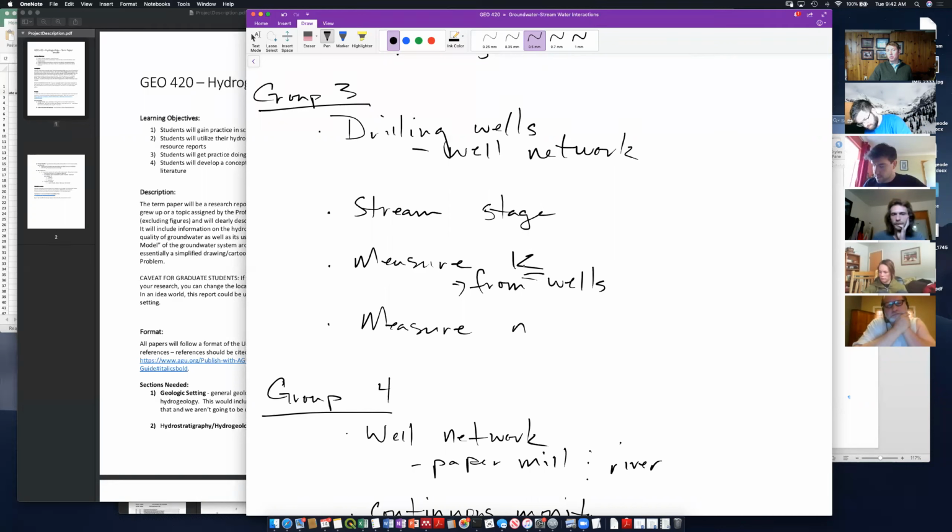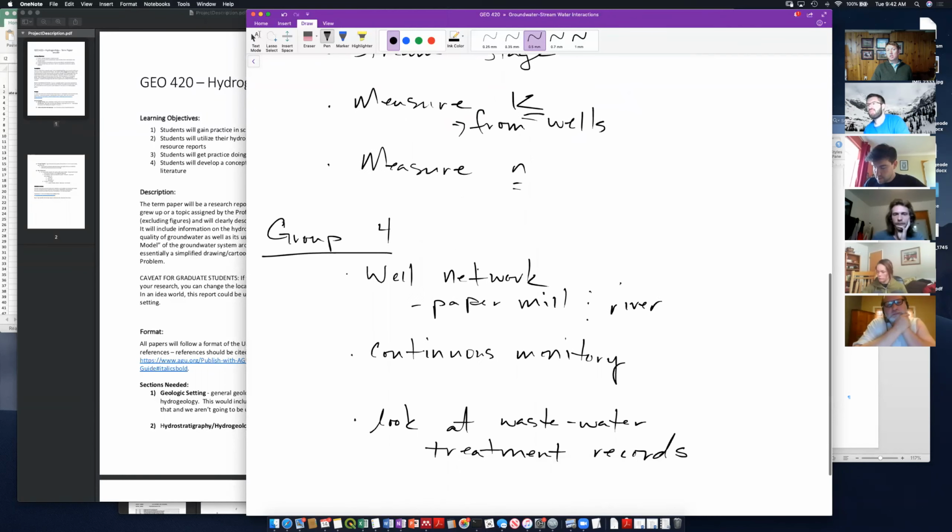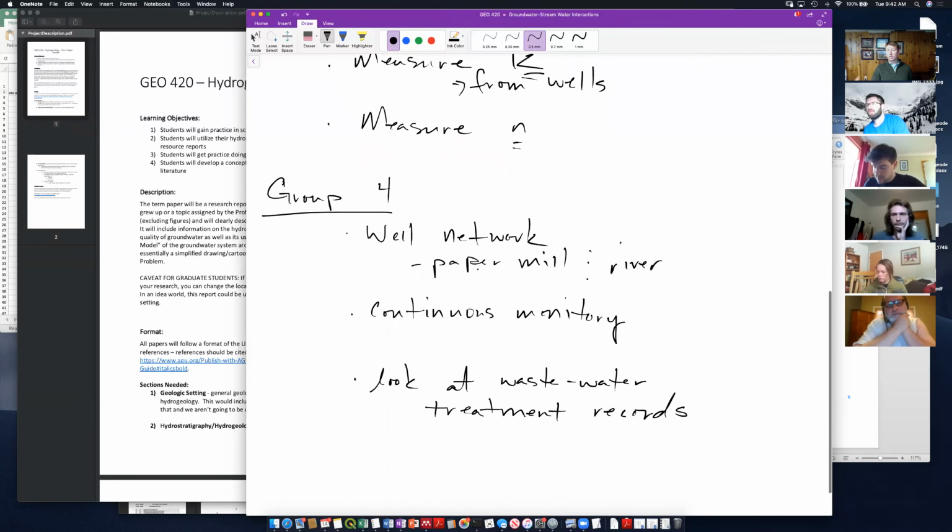So you've got to do both of those, and N. Most people had drilling a well. The fundamental thing we need to do is look at the difference in heads between the alluvial groundwater system and the adjacent river, and we need to do continuous monitoring. Right? So those are all really good points.